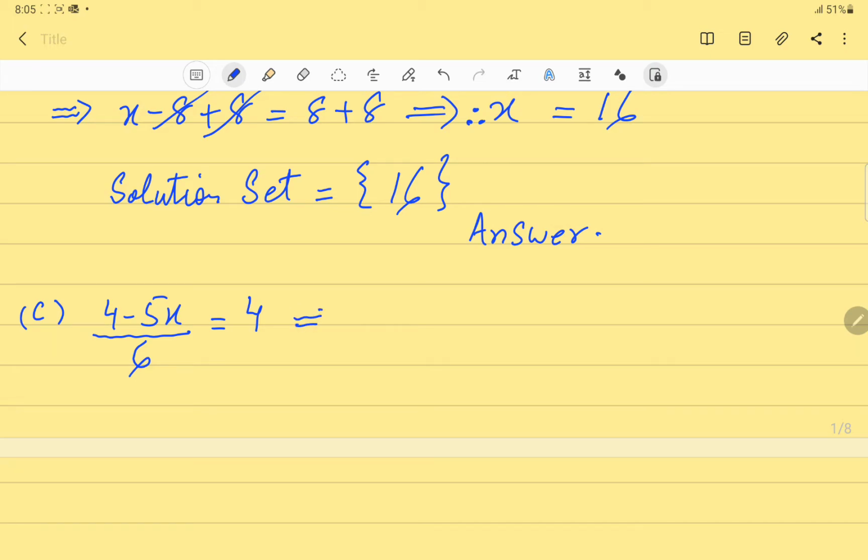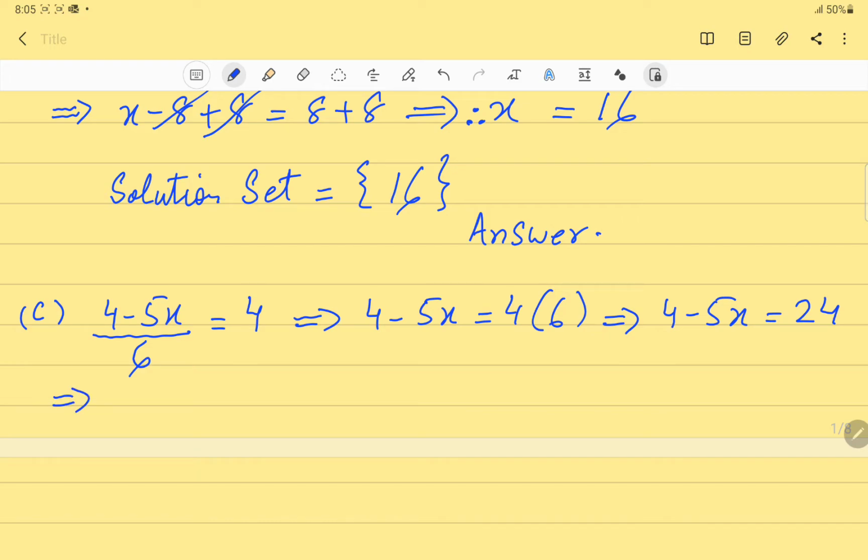So we cross multiply 4 with 6. So 4 minus 5x is equal to 4 into 6, 24. We subtract 4 from both sides.